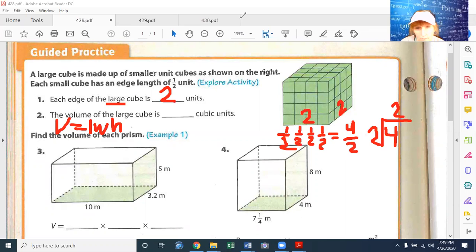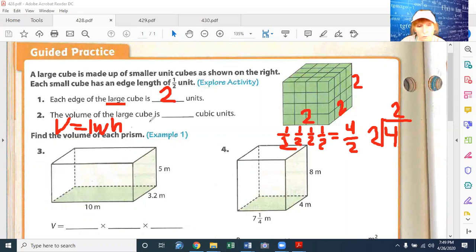And what about the height? The height is the distance up, right? What is the height of that cube? Well, how many squares you got? 1, 2, 3, 4. So they're each a half. Half plus a half plus a half plus a half. Again, 2. So now we've got our length, our width, our height.